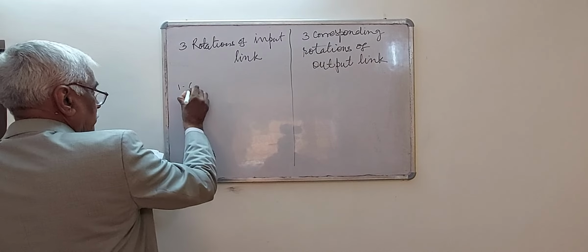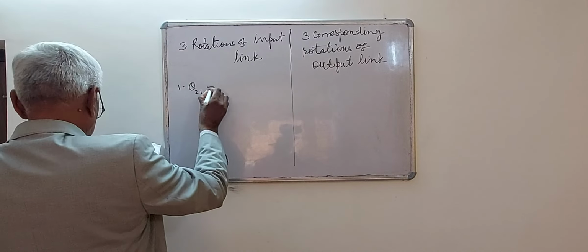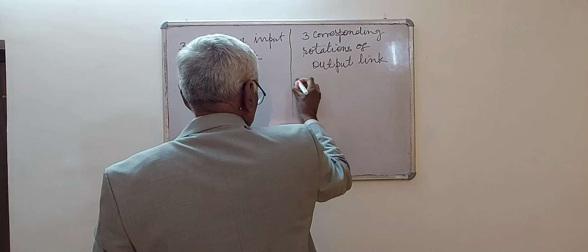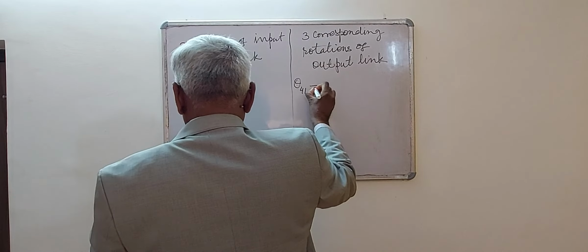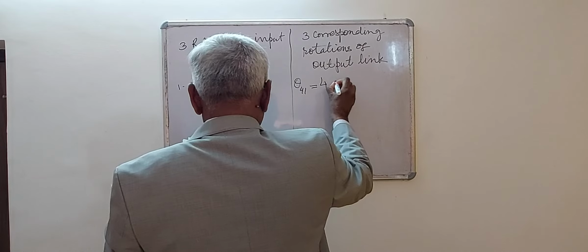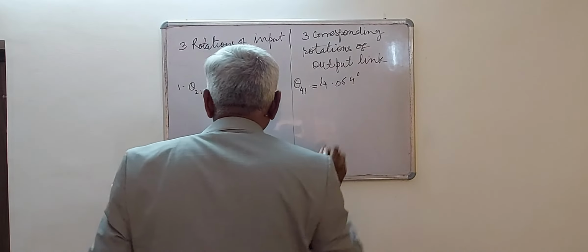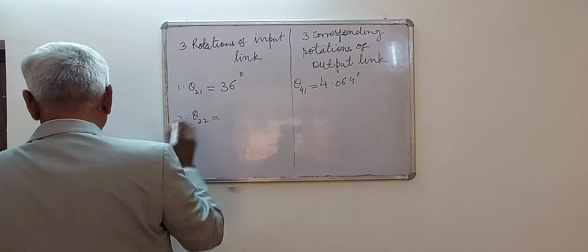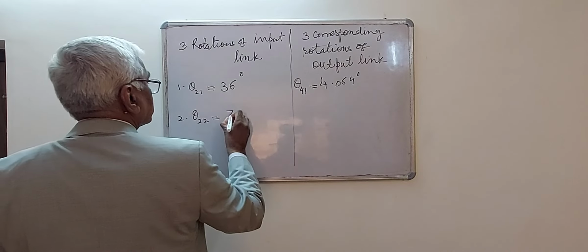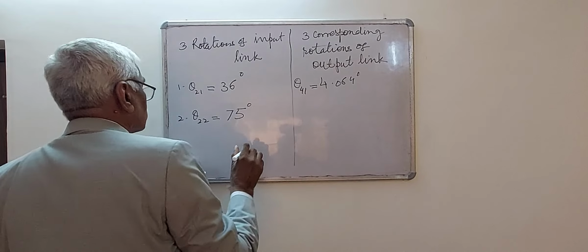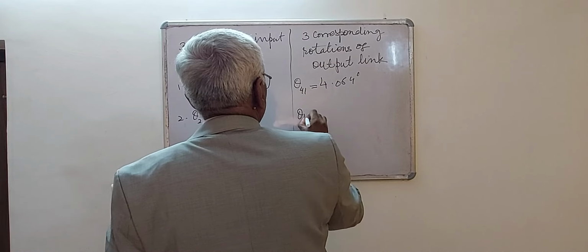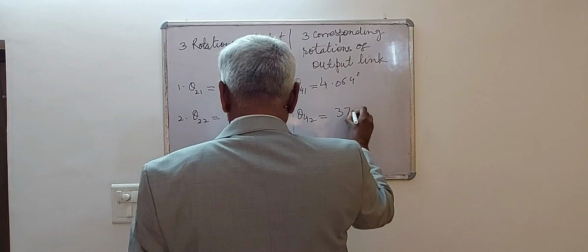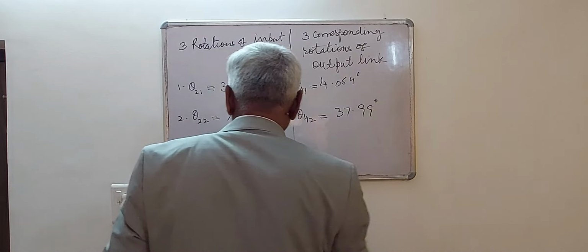Number 1, theta 21 was found to be 36 degree and theta 41 was found to be 4.064 degree. Number 2, theta 22 was found to be 75 degree, and the corresponding value of theta 42 was found to be 37.99 degree.